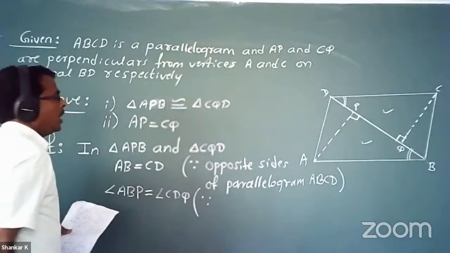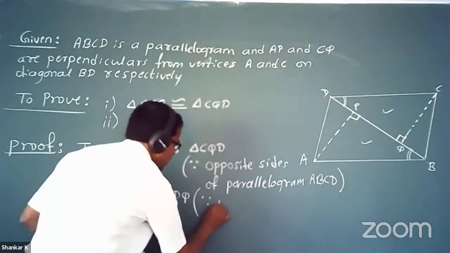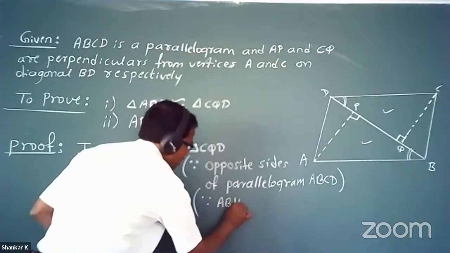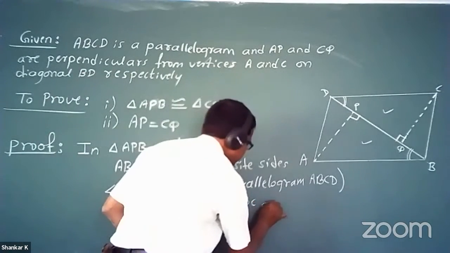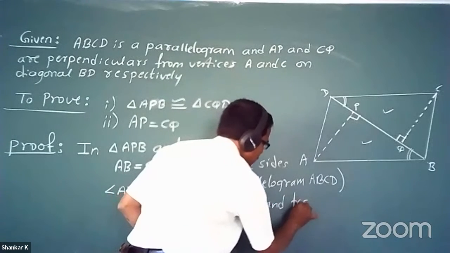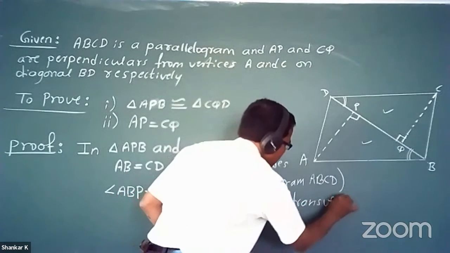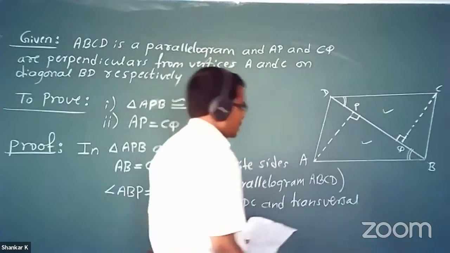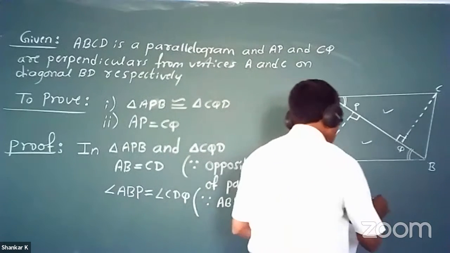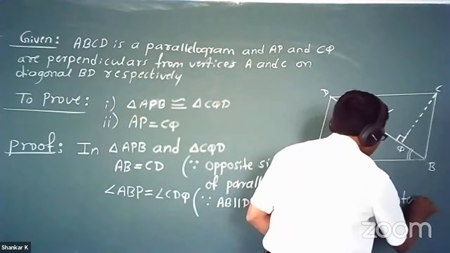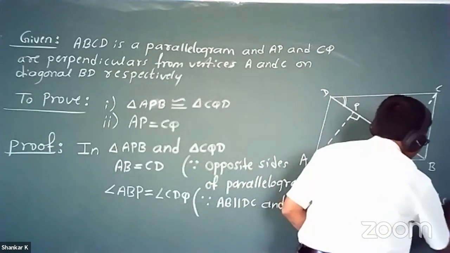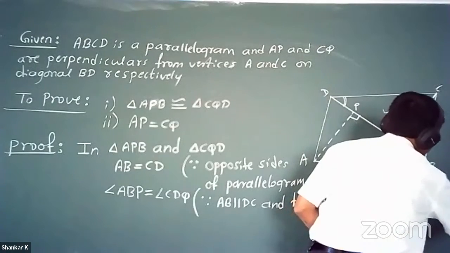Because AB is parallel to DC and BD is a transversal.